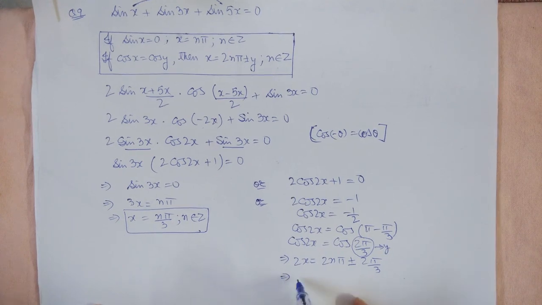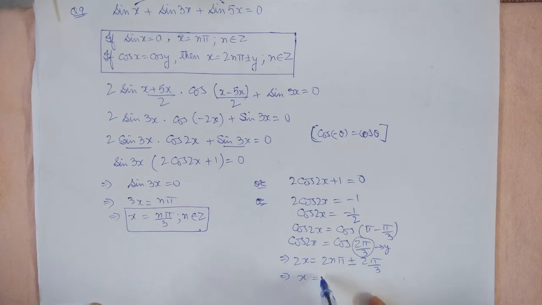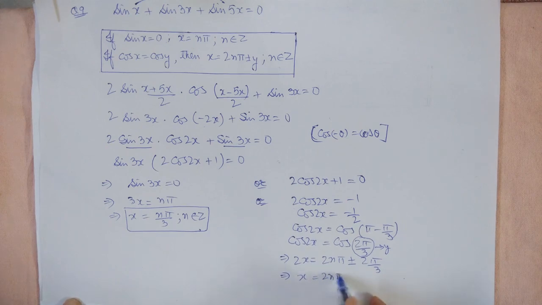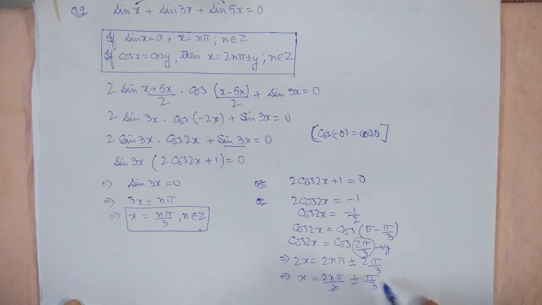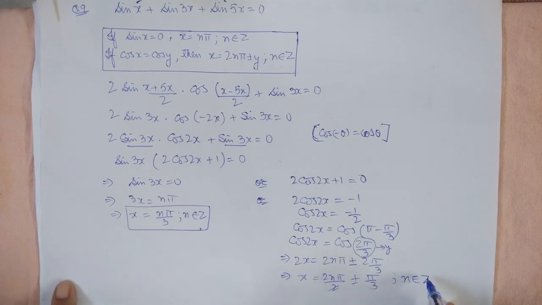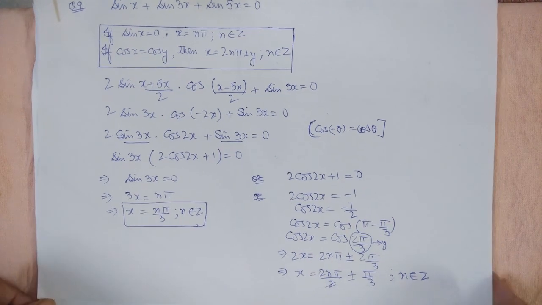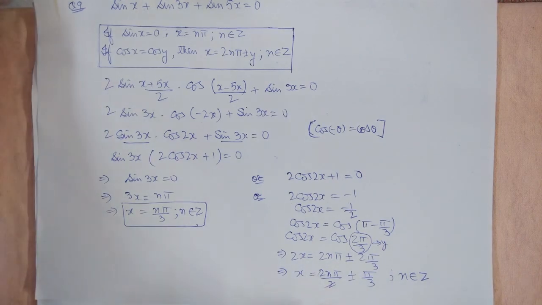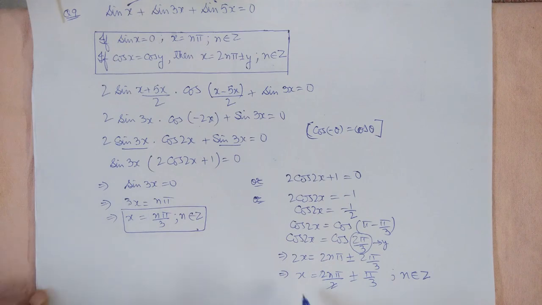So from here x equals, dividing by 2, 2n pi upon 2 cancels, plus minus pi by 3, because the 2 will be cancelled out, where n belongs to integer. So this is another general solution of question 9.